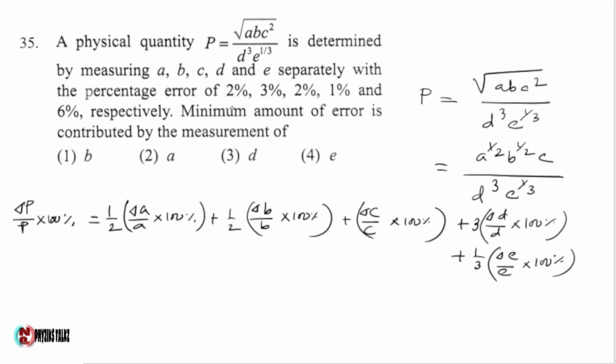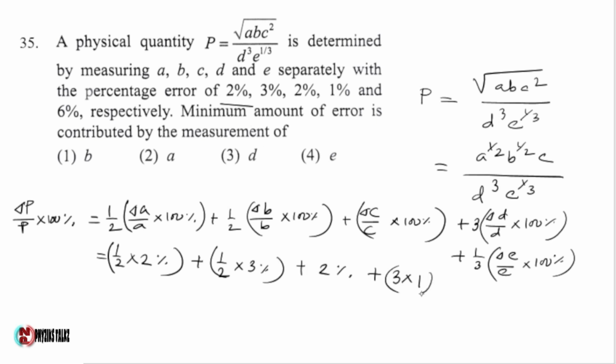Now percentage error of A is given as 2%, which gives half into 2%, plus percentage error in B is 3%, percentage error in C is 2%, percentage error in D is 1%, and percentage error in E is 6%, which gives 1%, 3/2%, plus 2% plus 3% plus 2%.